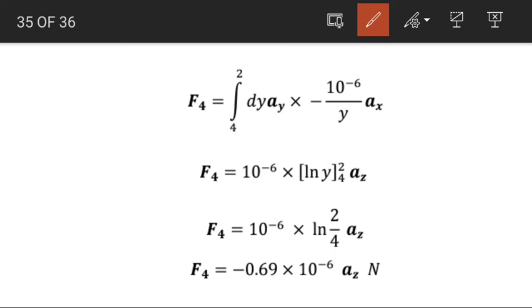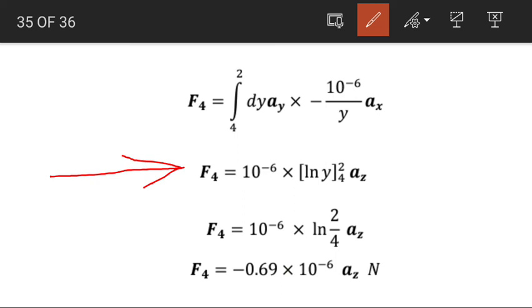So the integration of dy by y is log of y. So we have F4, and this F4 is 10 raised to power minus 6 into log of y. The limits of y are 4 and 2, and ay cross ax results in minus az.